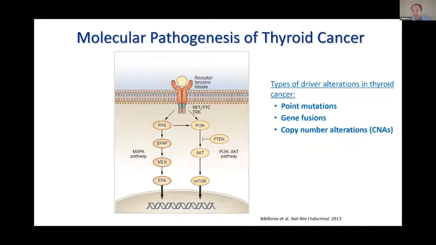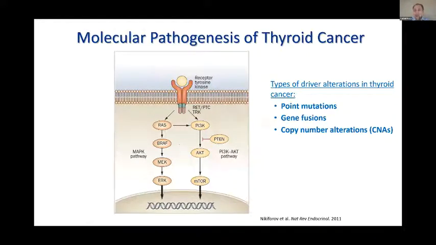What is important to realize is that activation of these pathways happens through multiple different mechanisms and genomic alterations. It starts from the activation of one of the receptor tyrosine kinases, such as RET and TRK. Then there are cytoplasmic kinases, such as BRAF, or other mediators, such as RAS, and so on and so forth.